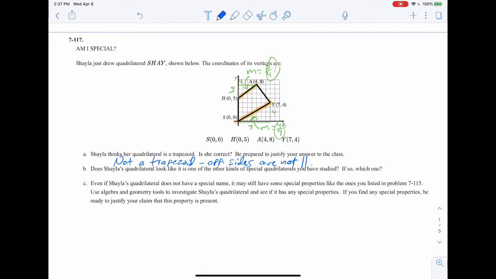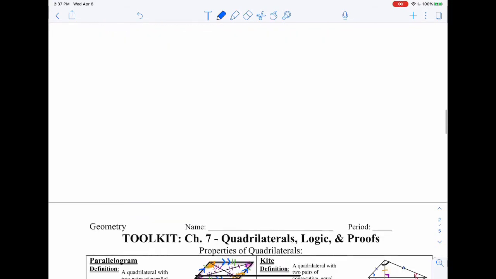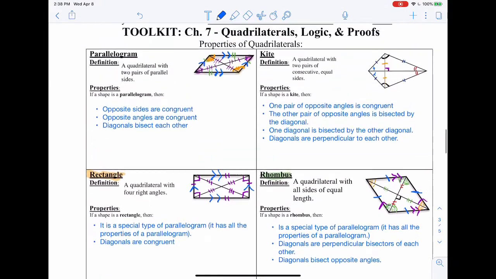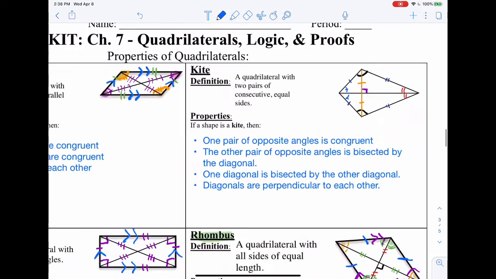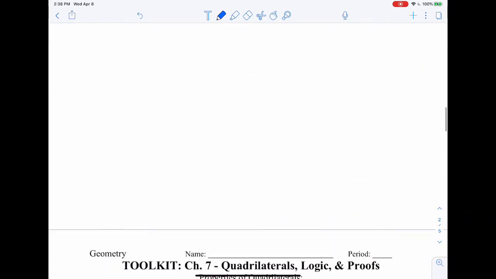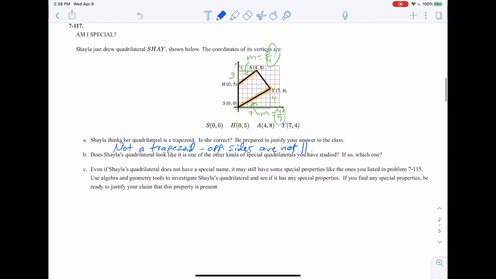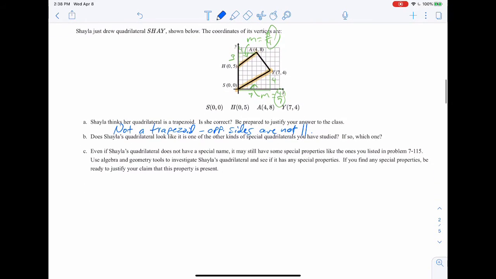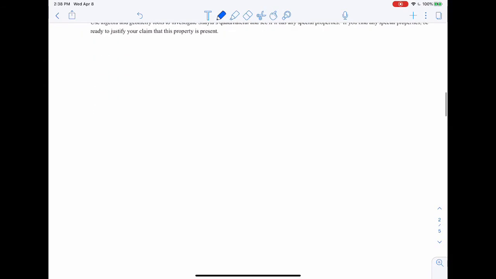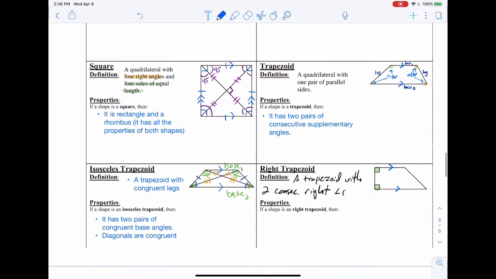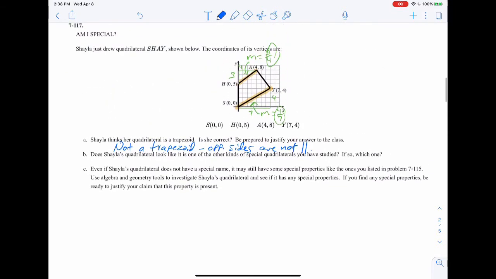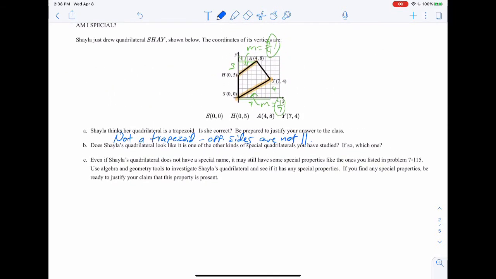So it really doesn't meet the criteria of any of the other quadrilaterals on our toolkit. Maybe you thought a kite, but in order to be a kite, it would have to have two pairs of congruent sides, and we can see pretty clearly that it doesn't have that. It might have one pair of congruent sides, but not two. So it looks just like a regular old quadrilateral.